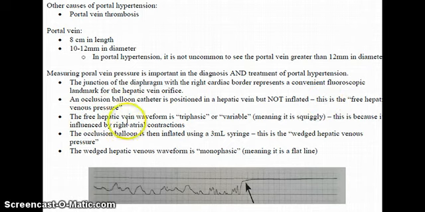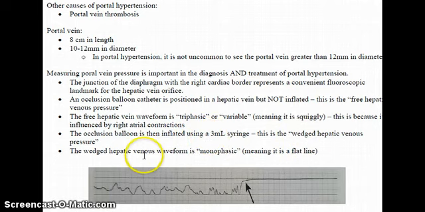The free hepatic vein waveform is triphasic or variable, meaning it's squiggly. As you can see here, this would be the free hepatic venous pressure, the one that's squiggly, and that's because it is influenced by the right atrial contractions. Then the occlusion balloon is inflated, and that would be the wedged hepatic venous pressure.